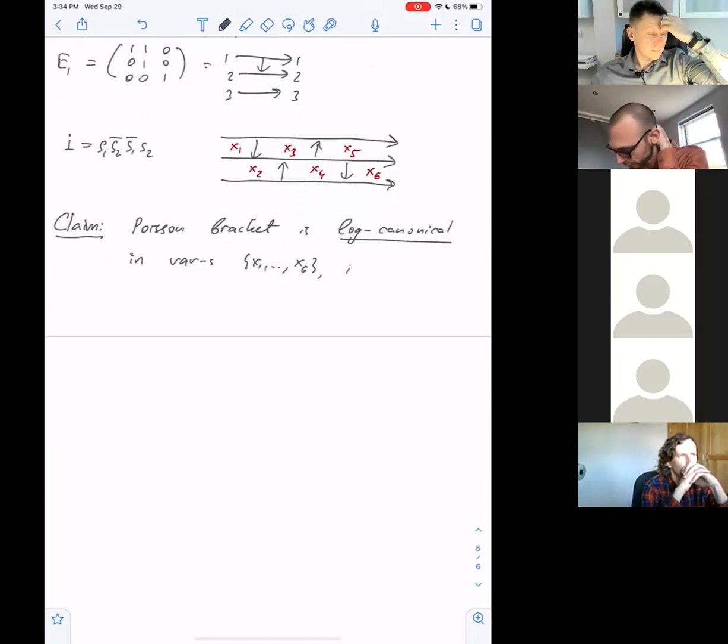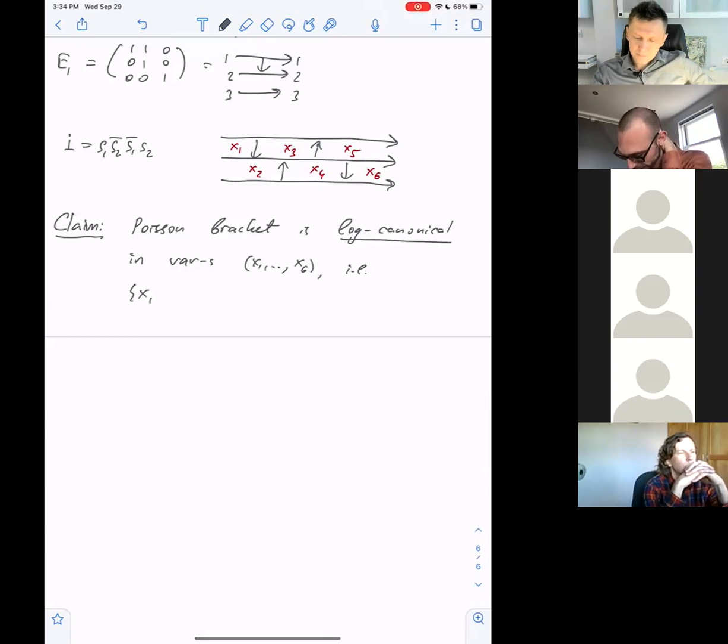And log canonical just means that the Poisson bracket of xi and xj is epsilon ij times xi xj, where epsilon ij is just a constant.